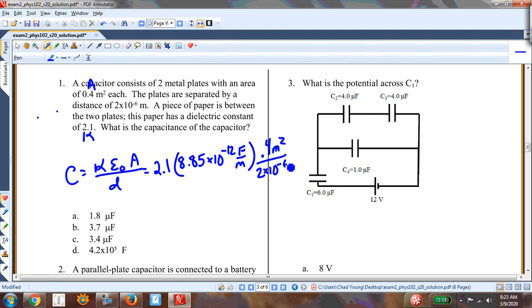All right, so I get 3.7 times 10 to the minus 6. That's going to be B.